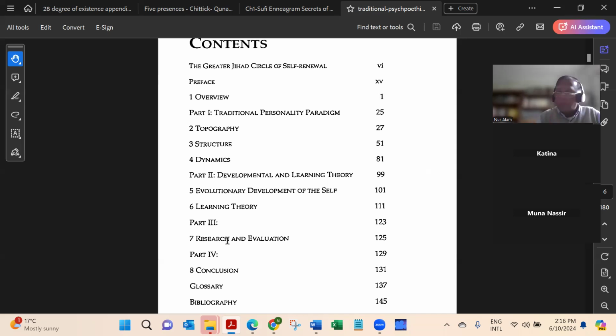There are some books related to how to apply it. There are a volume 2 and volume 3 handbook. The one we are reading is volume 1.